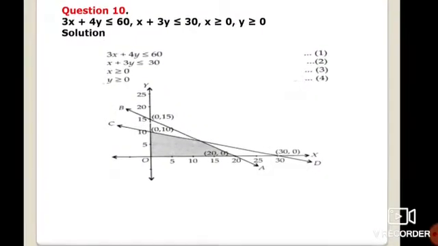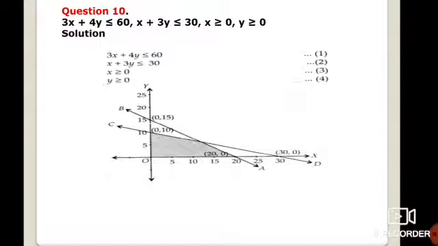Now here two equations are given: 3x plus 4y less than or equal to 60, x plus 3y less than or equal to 30, x greater than or equal to 0, y greater than or equal to 0. That is, x and y greater than or equal to 0 means it lies in the first quadrant, where x and y are positive.